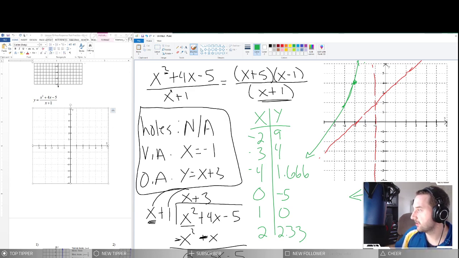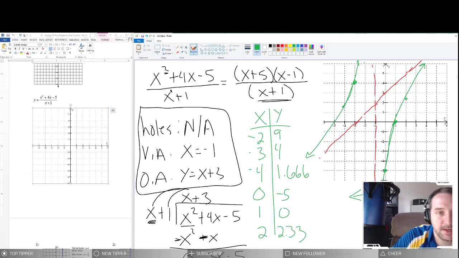And then at 0, -5. At 1, it's 0. And at 2, it's 2.33. And so hug the asymptote. And so that's basically the graph.